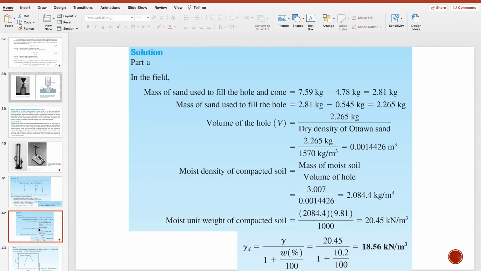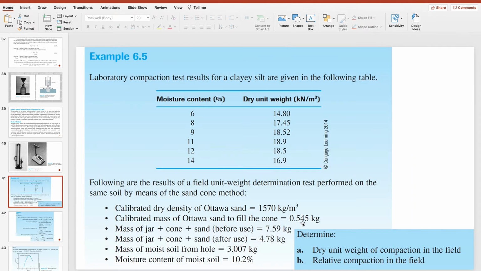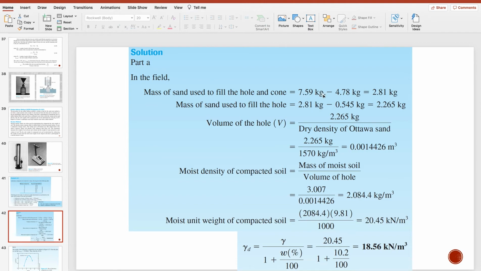Okay. So, para makuha natin yung mass of sand used to fill the hole, isusubtract natin yung 7.59 bago gamitin and after gamitin. 7.59 minus 4.78. Therefore, the mass of the sand used to fill the hole and the cone is 2.81.